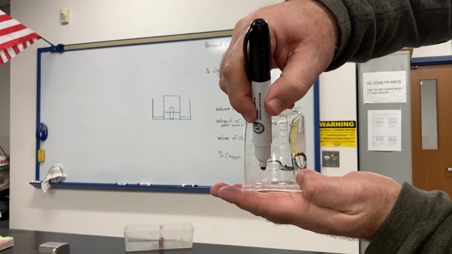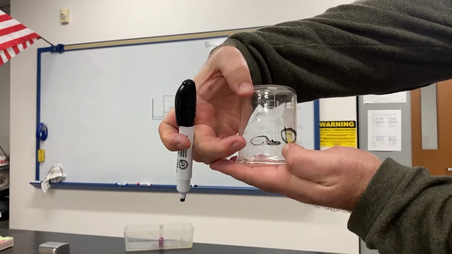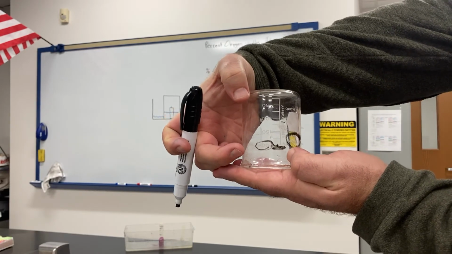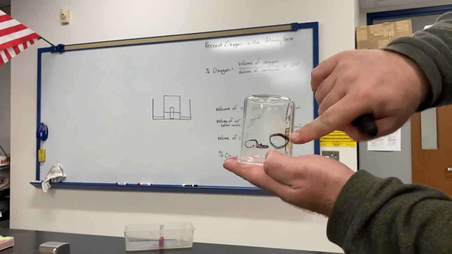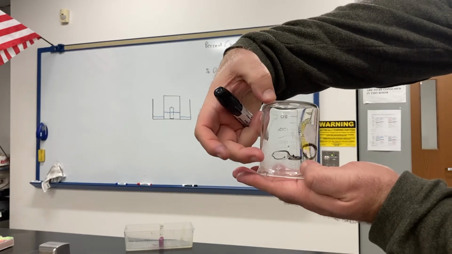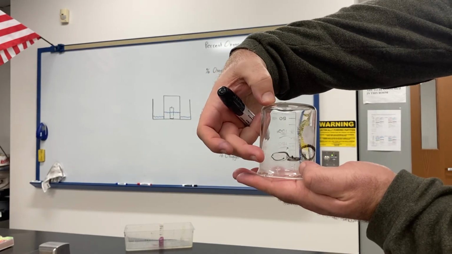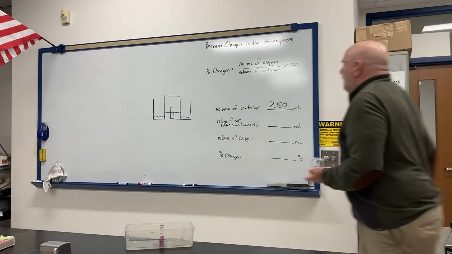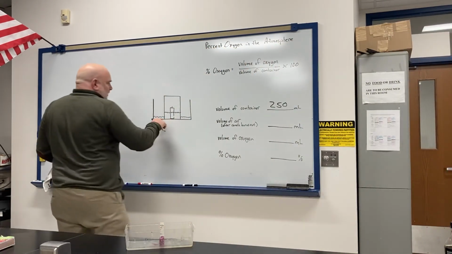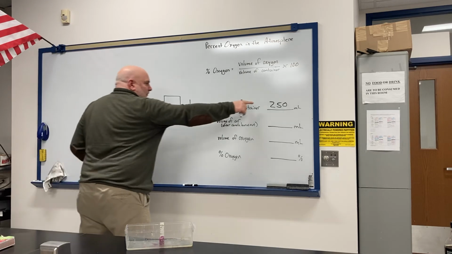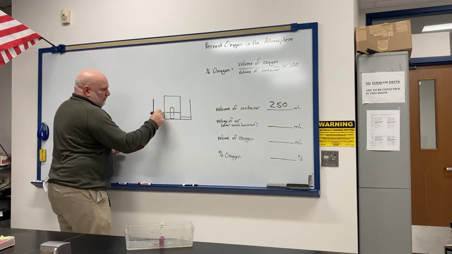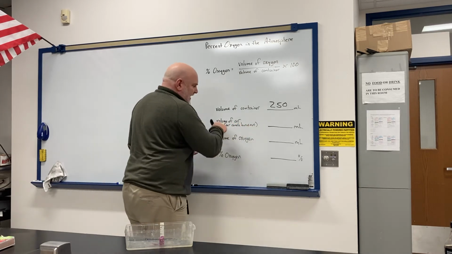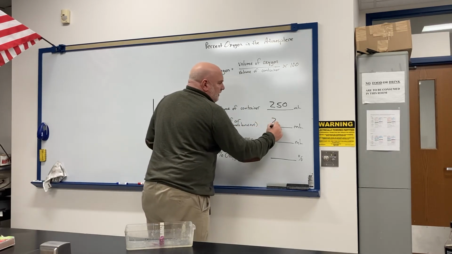That means that much of it was basically the nitrogen. So with a 250 milliliter container, I'm left with 200 milliliters of air after the candle burned out. The volume of air after the candle burns out is 200.